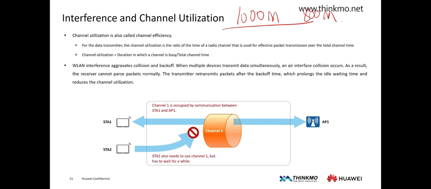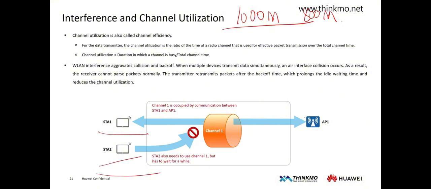Previously, we mentioned the impact of interference, which is a characteristic of wireless network communication. At the same time, one terminal can only communicate with one AP. For example, take Terminal 1 and Terminal 2. When Terminal 1 is communicating with AP1, Terminal 2 cannot simultaneously communicate with another AP.